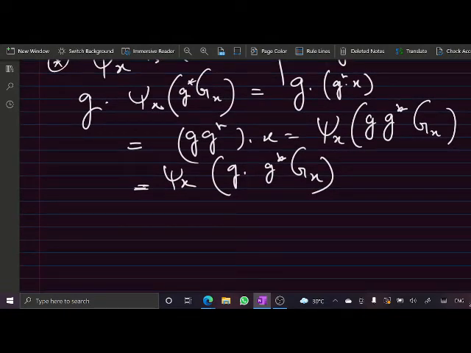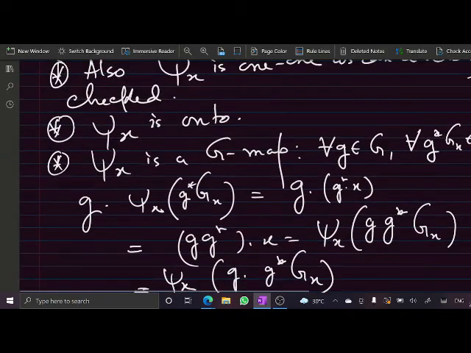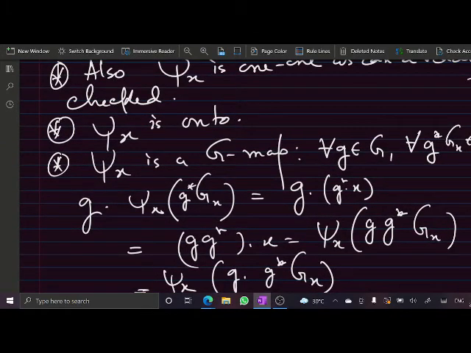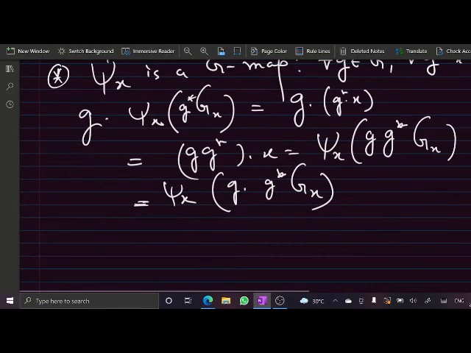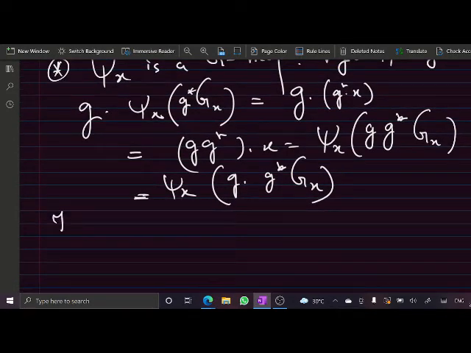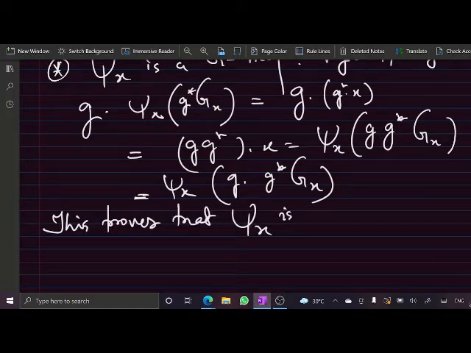Now it is okay. So therefore psi x is a G map, psi x is a bijection, so therefore this proves that psi x is a G isomorphism.